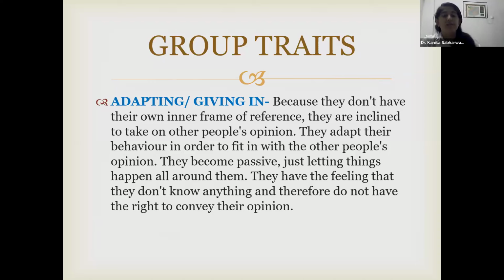They are very inclined to adapt. So because you're not sure whether you know what's right or wrong, you just assume that the group knows better than you and anyone knows better than you. So they adapt themselves to fit in with the group or the other people's opinion, and they become very passive.